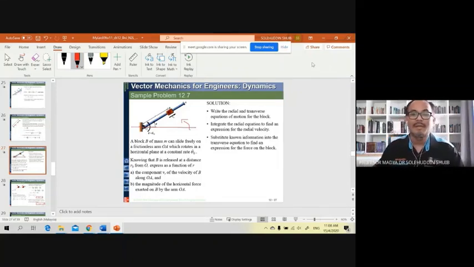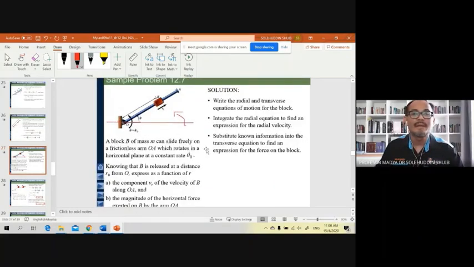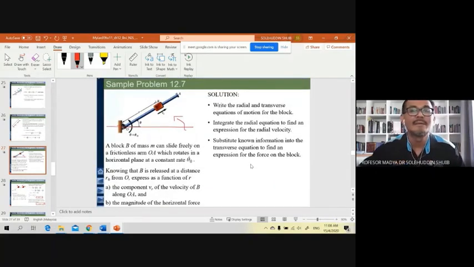I want to enlarge this one. Okay, this is slightly bigger. So here you are given this is theta, theta dot.